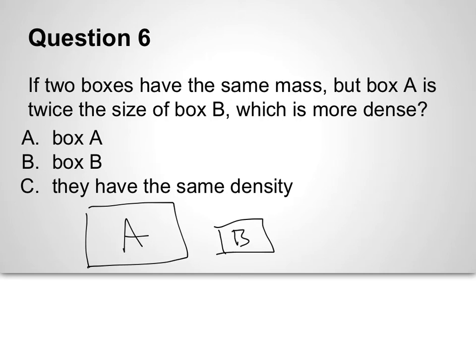So in box B, you have the same mass crammed into a much smaller space, which makes box B more dense than box A, because it's got the same amount of mass, but spread out over a bigger space. So A would be less dense, B is more dense. The question is which is more, so the answer here is B.